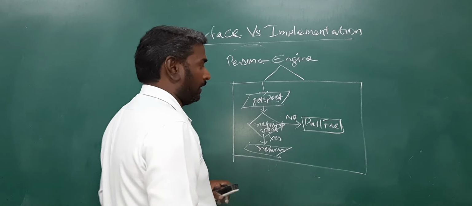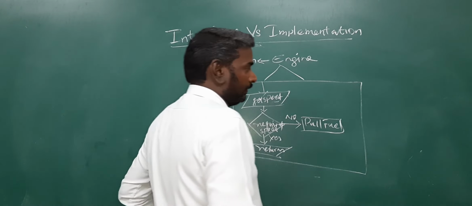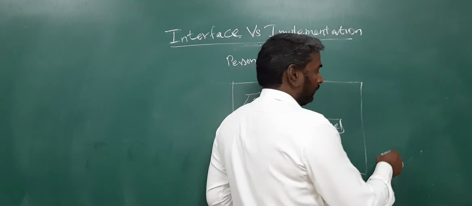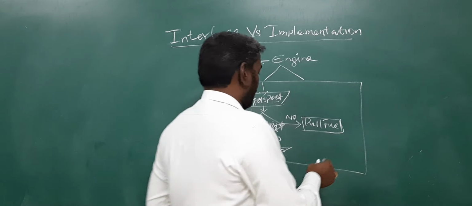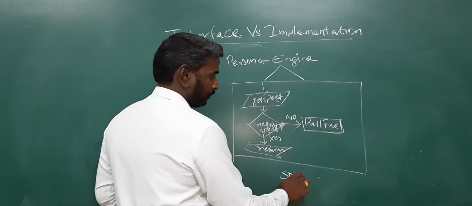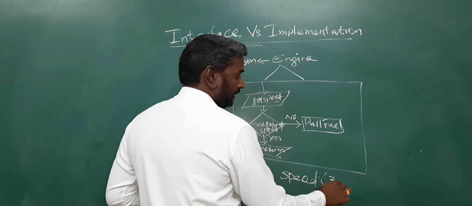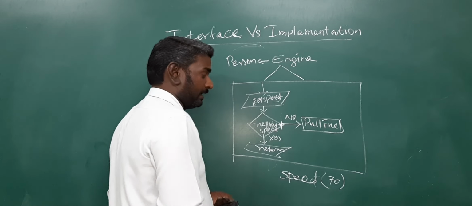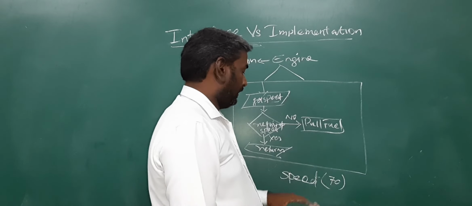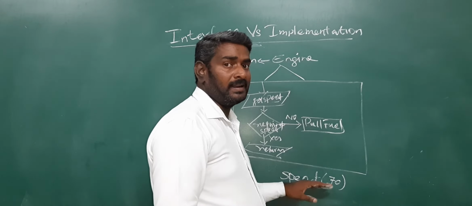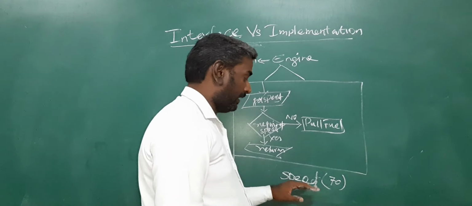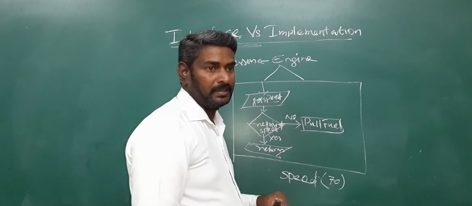In this example, we have the function called speed of 50, 60, 70 or 80, and we can give anything as the argument. This function call is called the interface in the function definition.